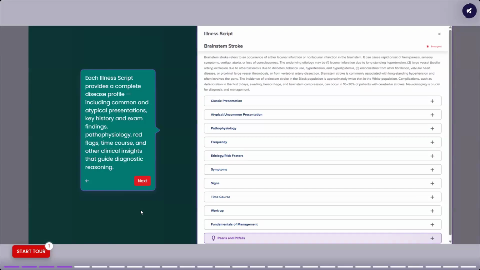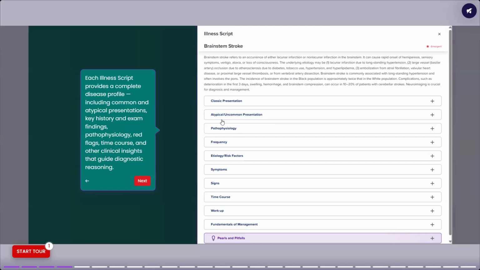So this is what a typical illness script would look like. We're looking at brainstem stroke as an example. And like I mentioned, it provides a complete disease profile with all the details. Starting with the classic presentation, then going into the atypical or uncommon presentation, which students often forget about or do not come across.